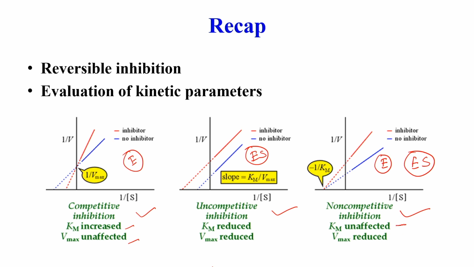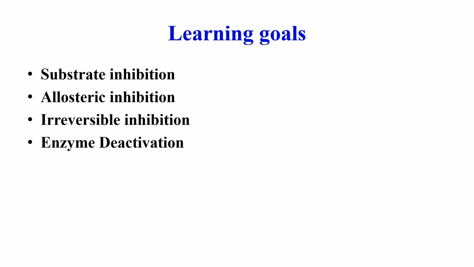If Km is unaffected and Vm is reduced, it is non-competitive, and when both Km and Vm are reduced, that is uncompetitive inhibition.